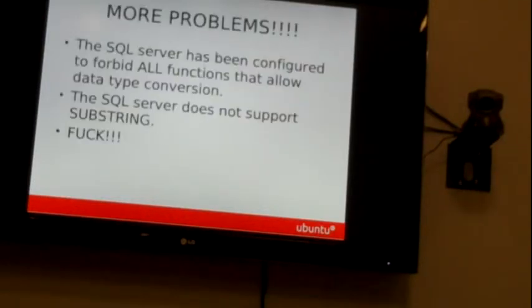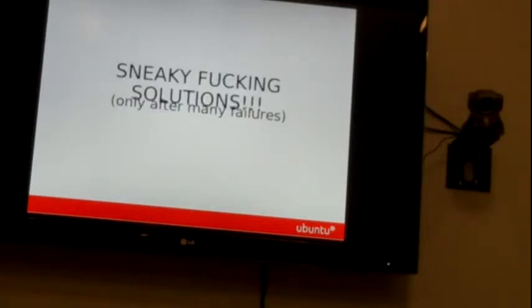More problems. SQL Server has been configured to forbid basically all functions that allow data type conversion. So this thing was locked down really well, with the exception of that one small SQL injection vulnerability right there. And it also does not support substring. Sneaky solutions, only after many failures.